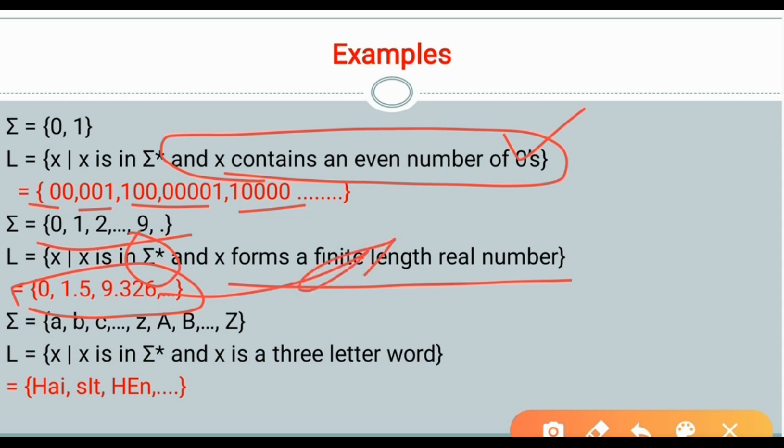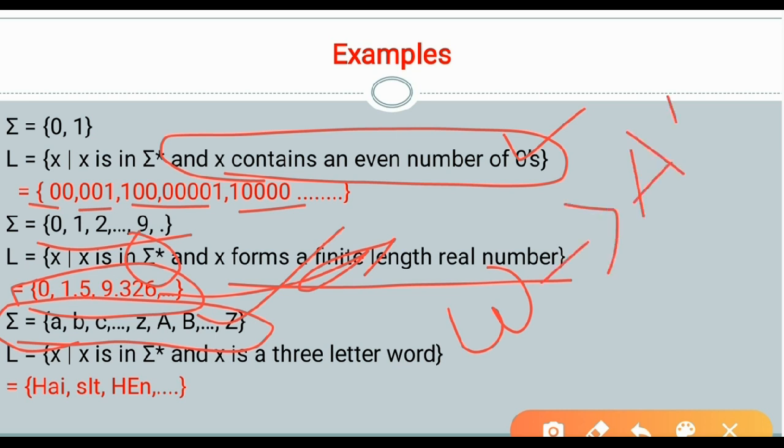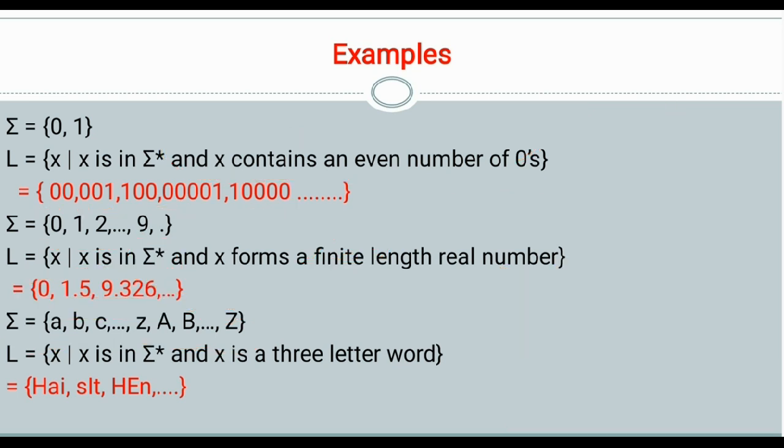Coming to the third: sigma equals {a, b, c}, a combination of capital letters and small letters. The word you form depends upon the alphabets, so here you have the alphabets a, b, c as lowercase letters, and you also have the capital letters.